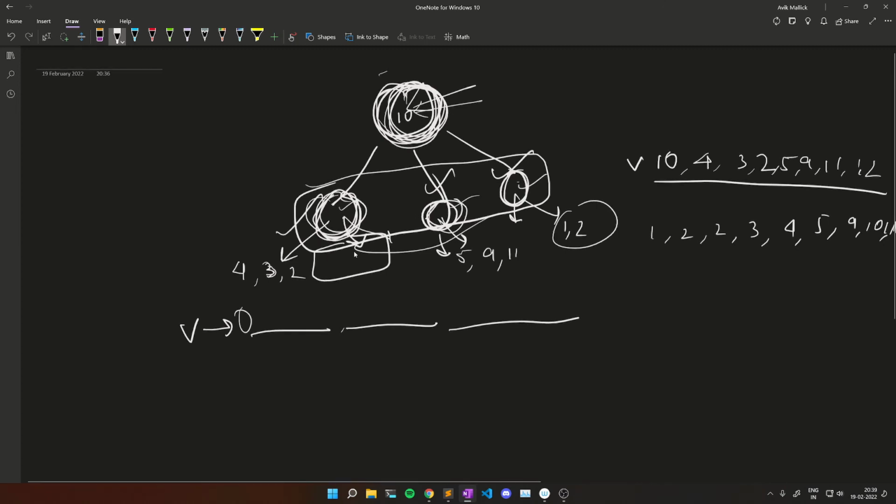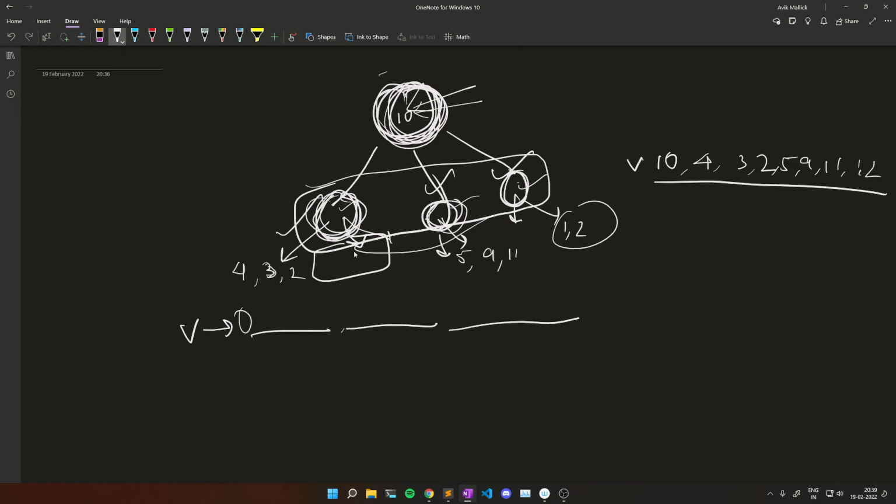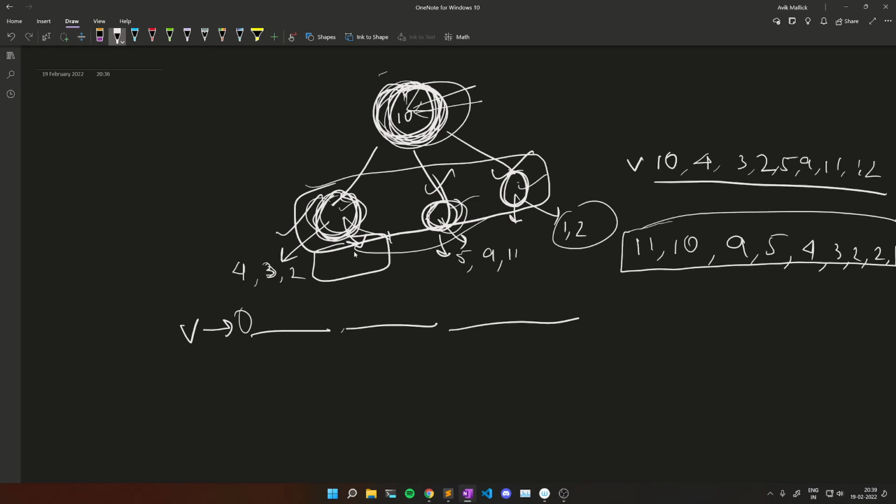Now if I sort this vector in increasing order, it will be 1, 2, 2, 3, 4, 5, 9, 10, 11, right? Sorted in decreasing order, it will be 11, 10, 9, 5, 4, 3, 2, 2, 1. So now I have all the largest values for this vertex's subtree.